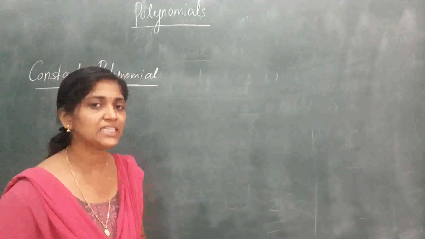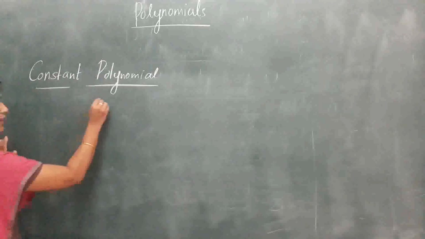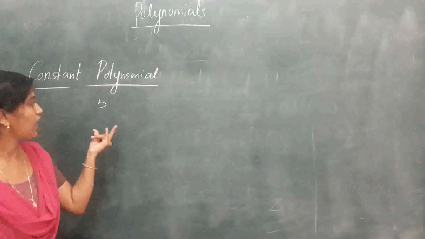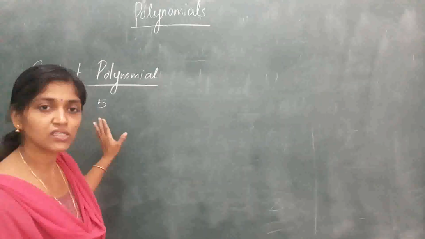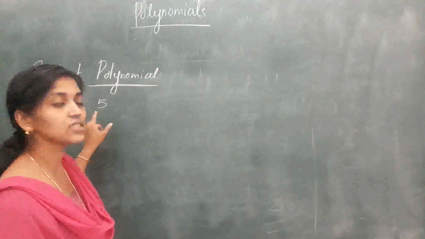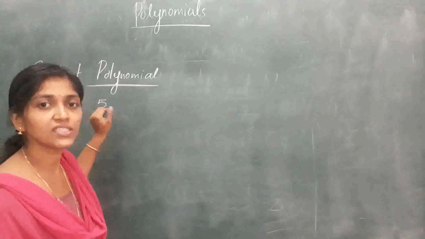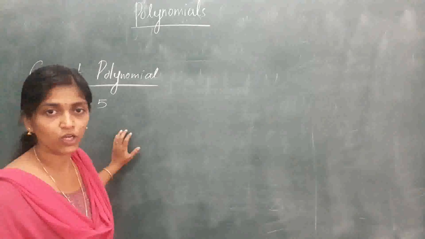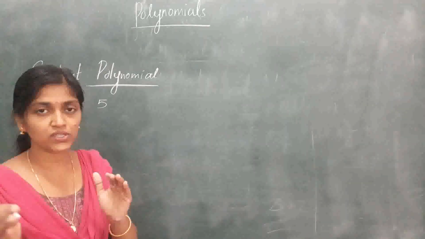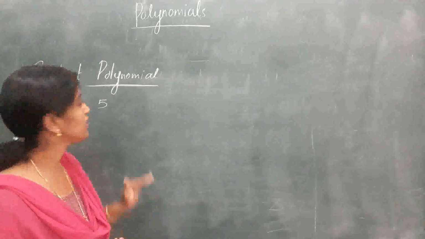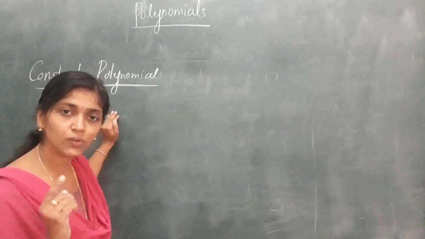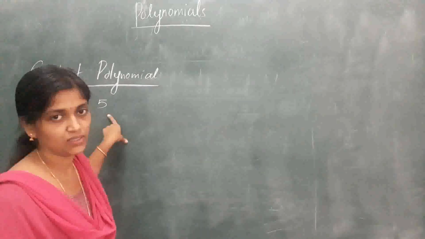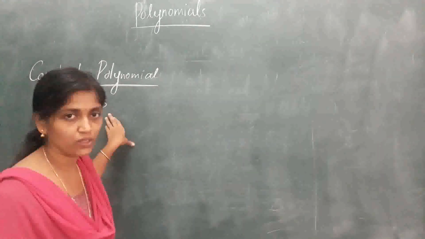Suppose I take the constant symbol pi, you can call it a constant polynomial, and it consists only of the constant, pi, so it contains only one term. We have seen already that polynomials are expressions containing terms. Here a constant polynomial contains only one term and it consists only of a constant. It is known as a constant polynomial.